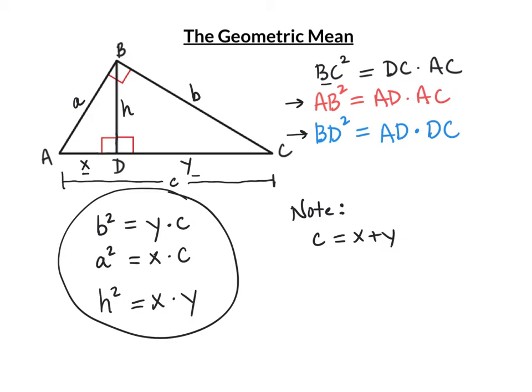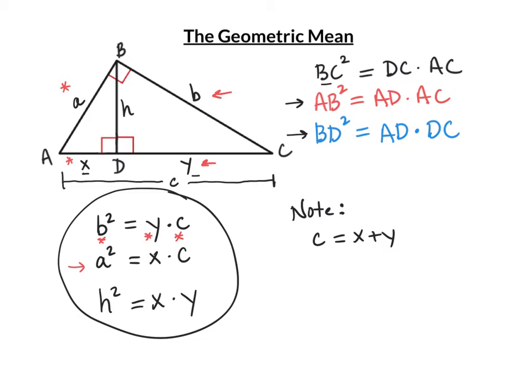Now look at those three statements and notice that there's just a pattern that you're following. B squared equals the piece on its side, that's y, times the whole hypotenuse of the big triangle, c. B squared equals y times c. And the next statement, the second one, is the same pattern on the other side. That leg squared equals the piece of the hypotenuse on its side, x, times the whole hypotenuse, c.